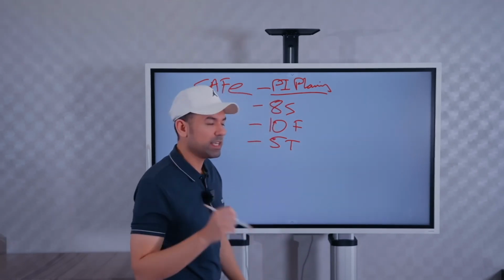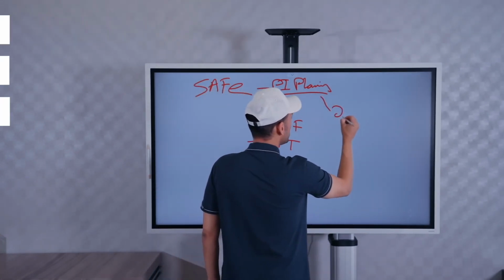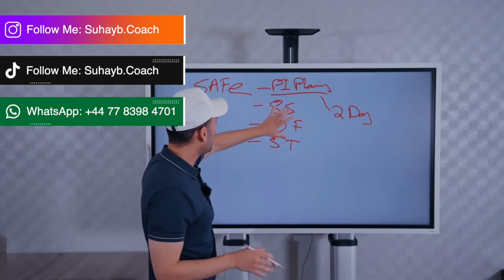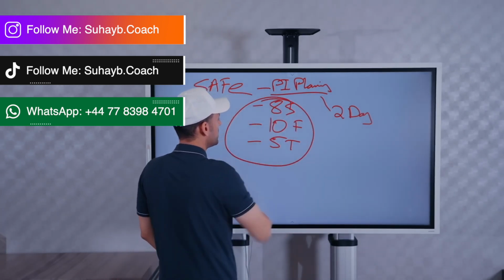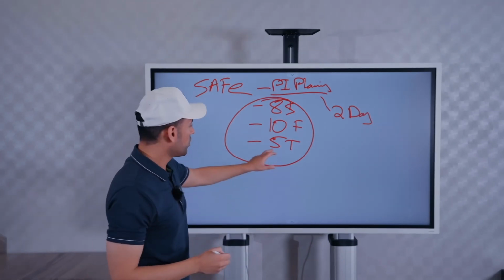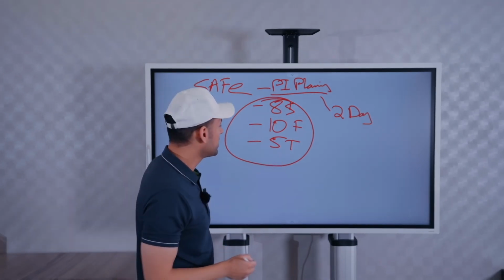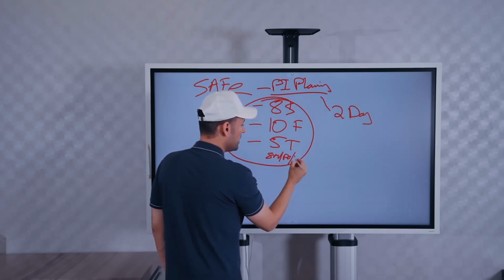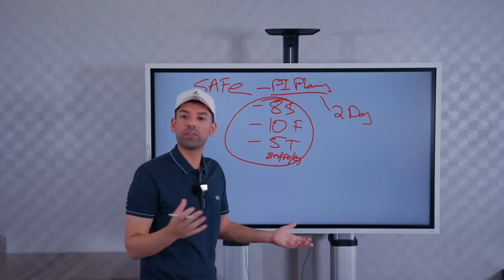And PI planning is a 2-day workshop that happens, and all these individuals are attending. So within the 5 agile teams here, there are going to be Scrum Masters and product owners, and there are also going to be engineers or whoever it's going to be.